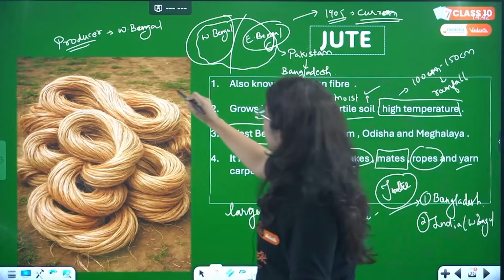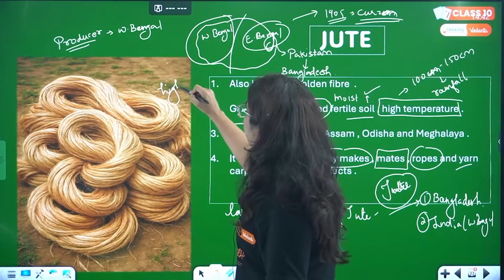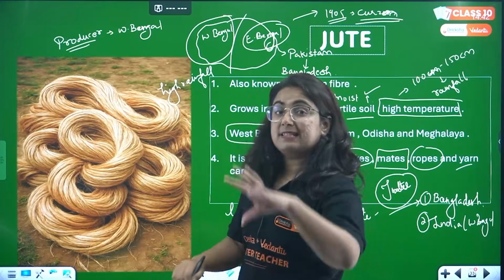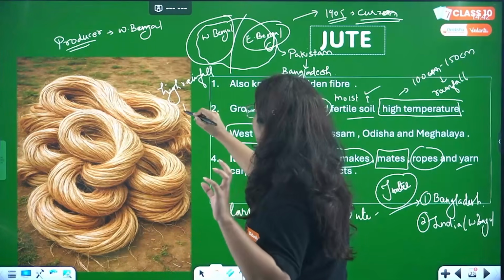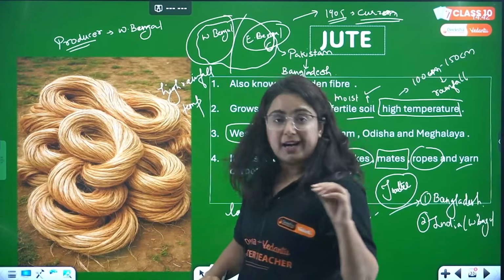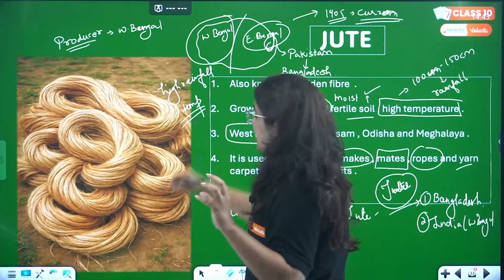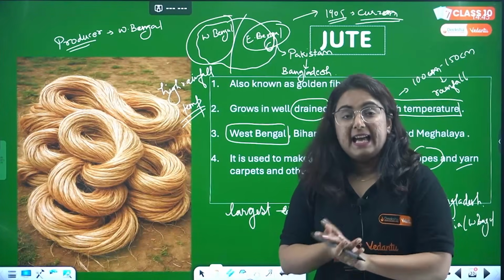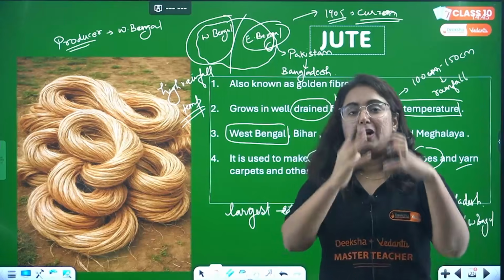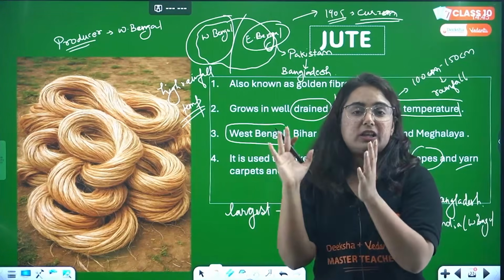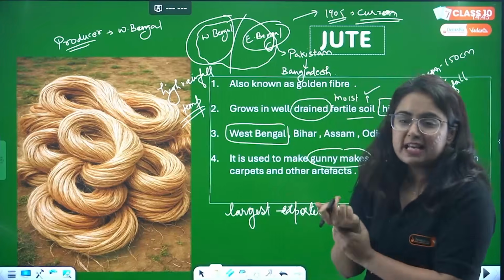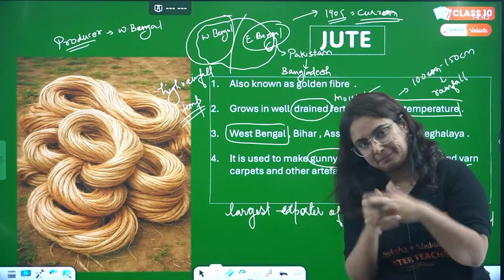This region receives high rainfall, is close to the tropics, has high temperature, and has all the suitable conditions for the growth of jute. Hence West Bengal's major part went with Bangladesh, and we are just the largest producer but not the largest exporter in the world.